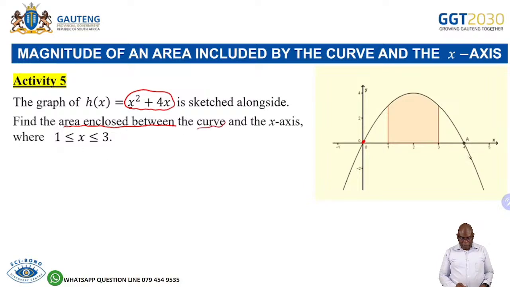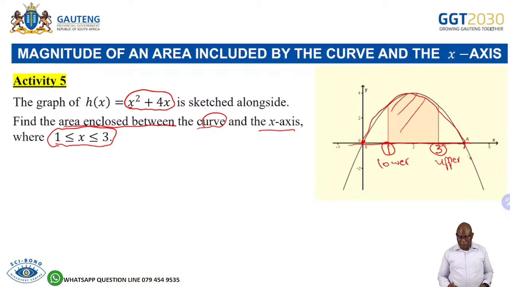Where the curve, this is the curve, and the x-axis, this is the x-axis, where x is between 1 and 3. So here is the 1, here is the 3. Between 1 and 3, meaning that we've got the upper and the lower.